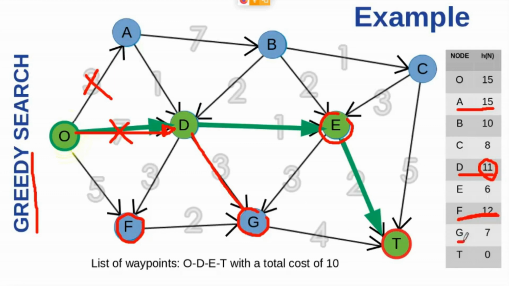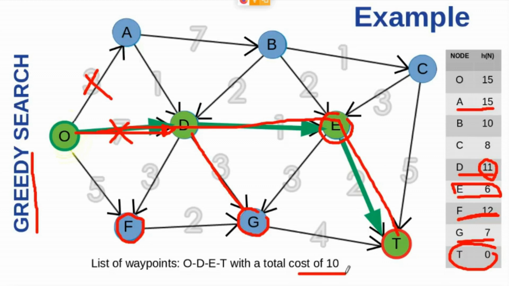G is 7, but E is only 6. So we choose E, right? Finally, the neighbors of E are G or the target. Because the target is 0, we decide on the target. So as you can see here, we have a very fast method with a total cost of 10, and the list of waypoints is O, D, E, T.